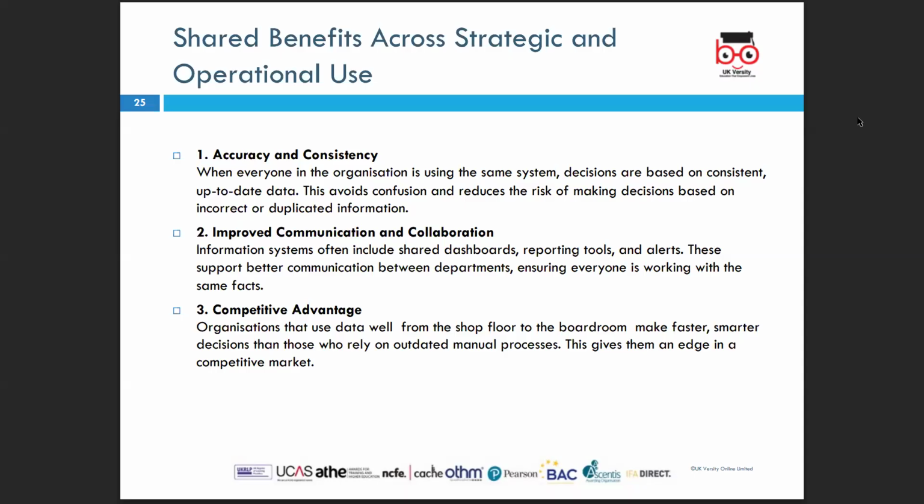This avoids confusion and reduces the risk of making decisions based on incorrect or duplicated information. These systems also improve communication and collaboration, as information systems often include shared dashboards, reporting tools, and alerts. This supports better communication between departments, ensuring everyone is working with the same facts.